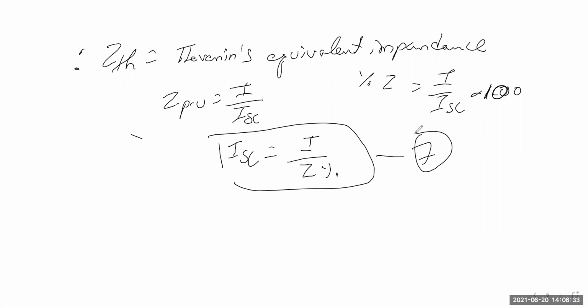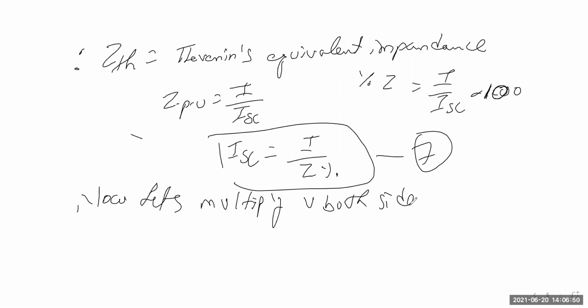Now let's multiply V on both sides. So we'll get V ISC would equal VI by Z percentage.